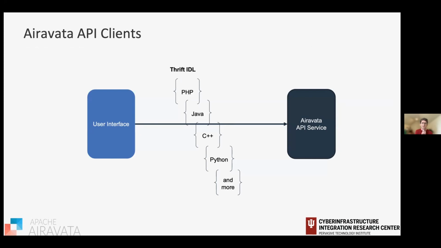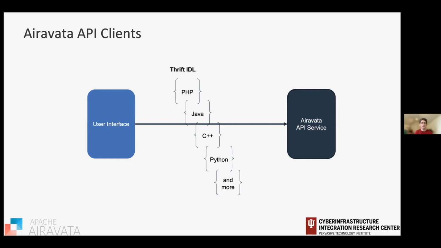So how do you use the Airavata API? What kind of API is it? What we use is a project called Thrift. It's another Apache project.